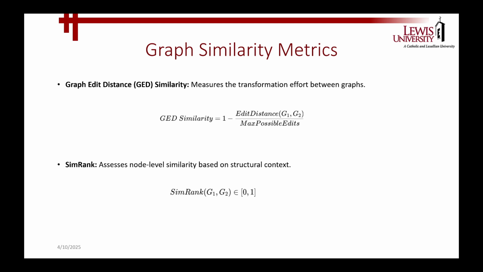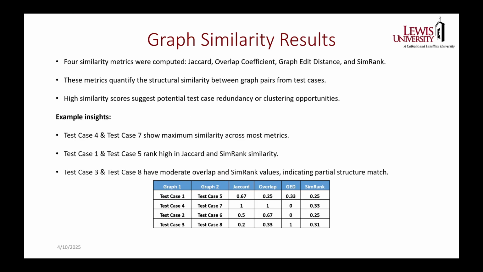On the other hand, SimRank similarity assesses the similarity between nodes based on their neighbors, providing a context sensitive evaluation of structural relationships within graphs. Together, GED and SimRank enable a deeper, holistic understanding of how structurally related different call graphs are beyond just shared edges. This depth of analysis supports more precise test prioritization and effective test suite optimization.